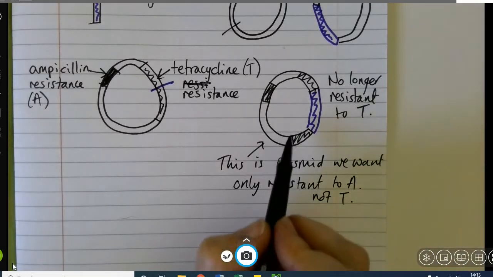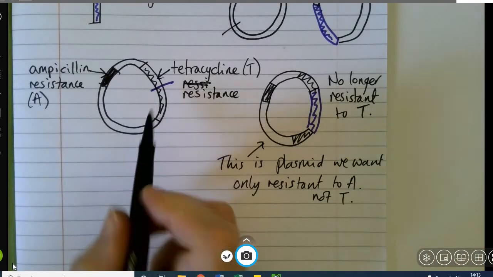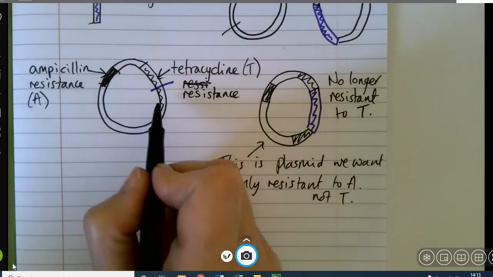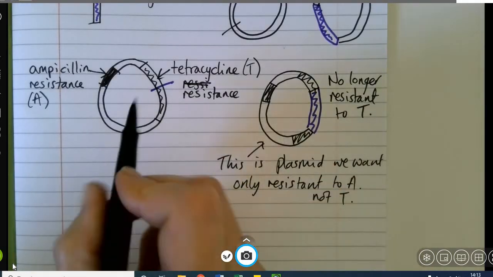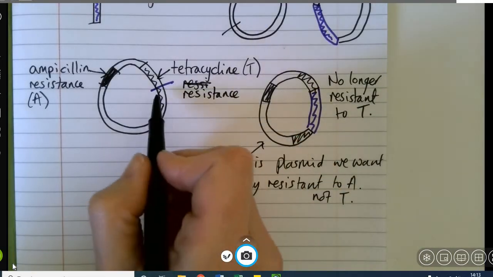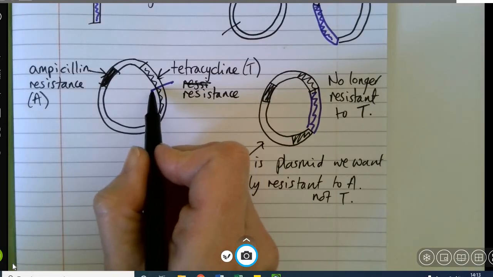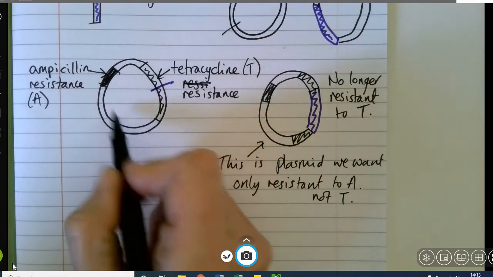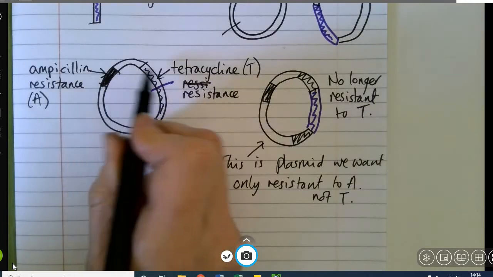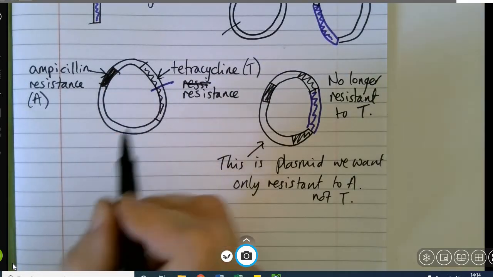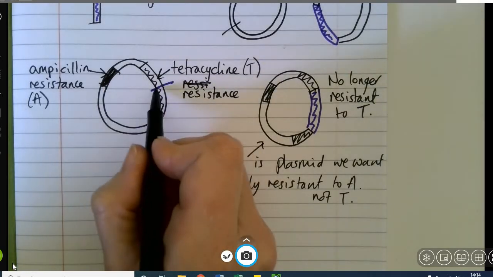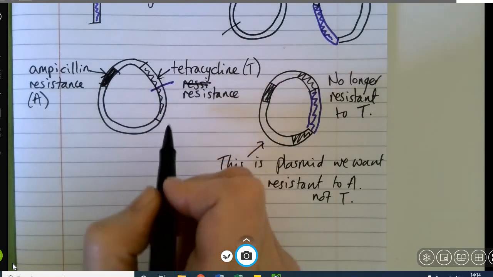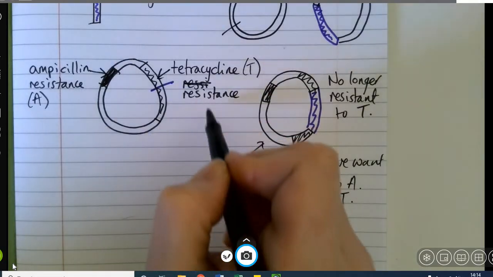Now there are going to be other plasmids formed in this process as well, because some of them will have come out like we want, but some, like we discussed over here, will have been cut here and then just refused back together. So there'll be some that still contain both resistance genes unchanged. There'll be some where it's cut here and it's fused to another plasmid, so we get like an extra big plasmid.